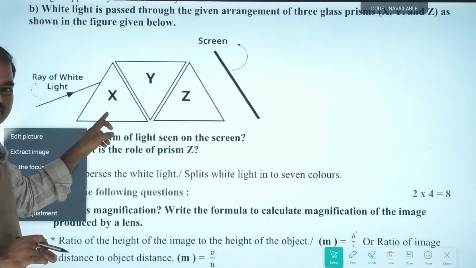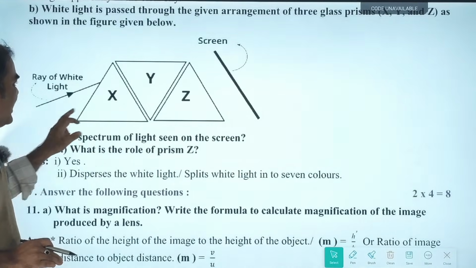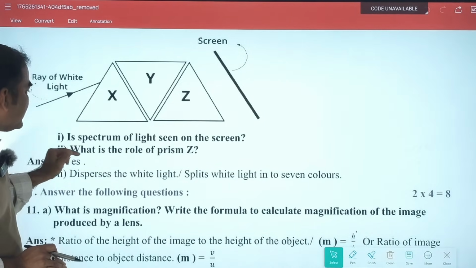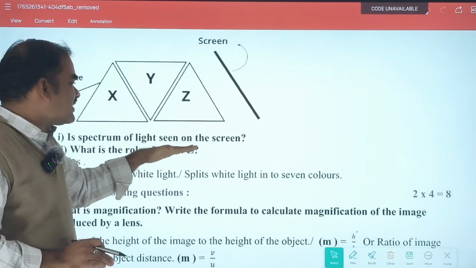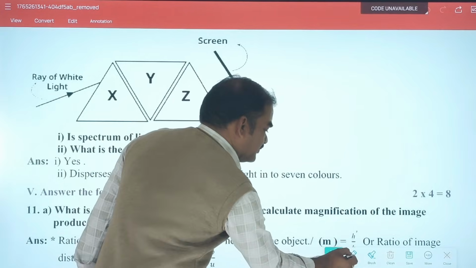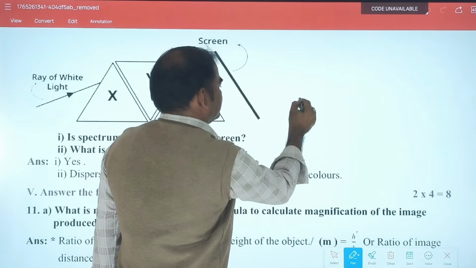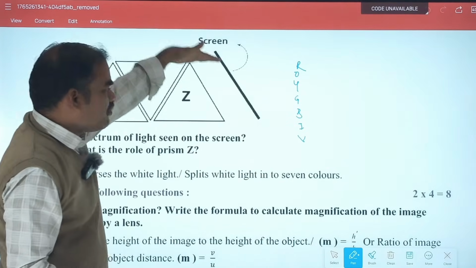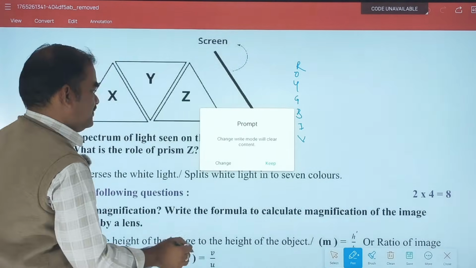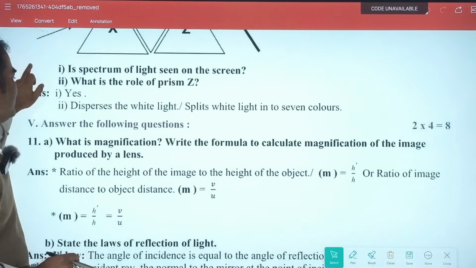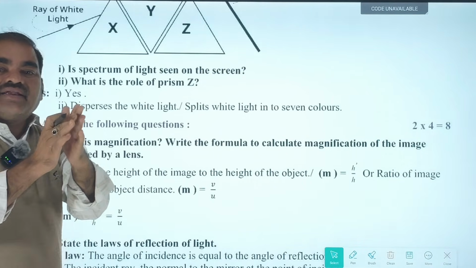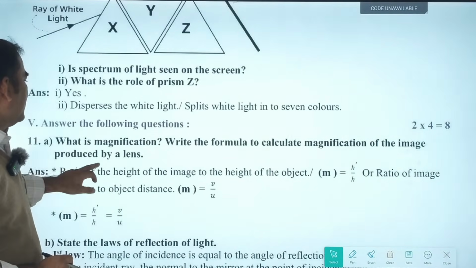Here three prisms are there: the first one straight as it is, the second inverted, and again one straight. When the light is passed, we are going to see the spectrum of light on the screen. It always starts from the bottom to the top. The prism disperses the white light, splitting it into 7 colors.